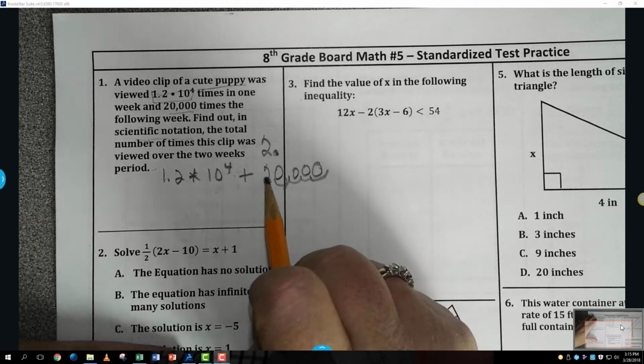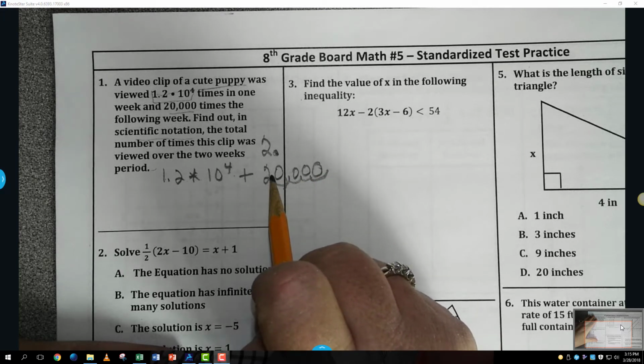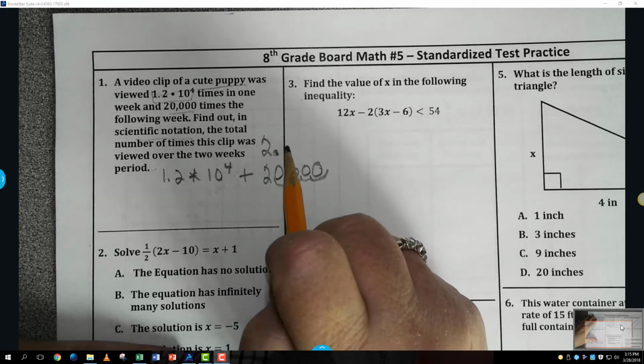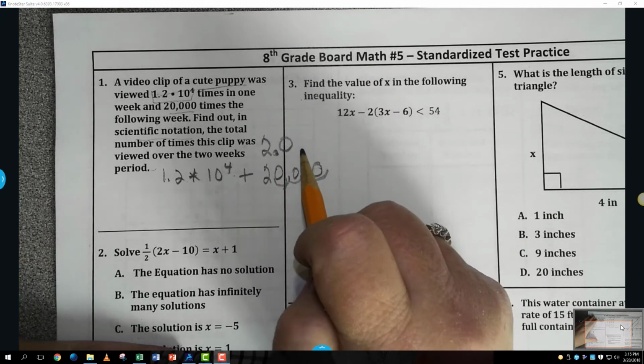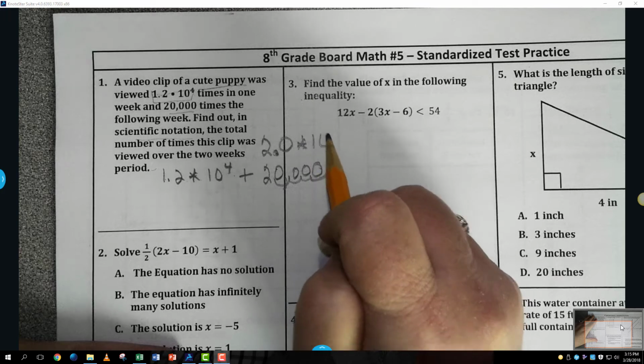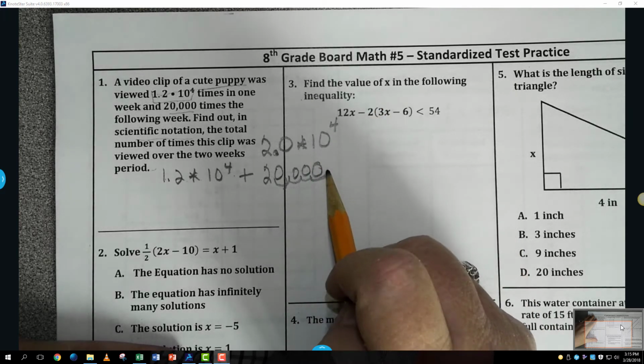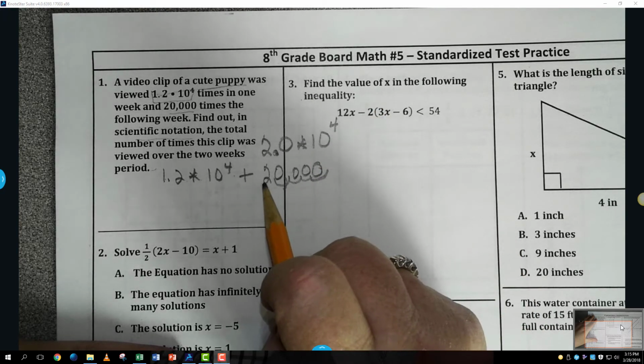I made this number smaller, from 20,000 to 2. I made this number smaller by 10 to the 4th because I moved the decimal over, okay?